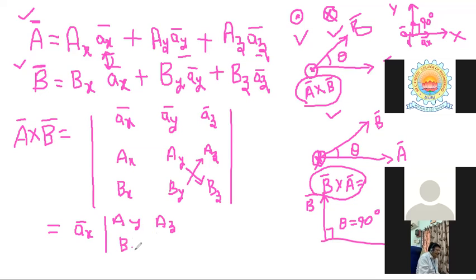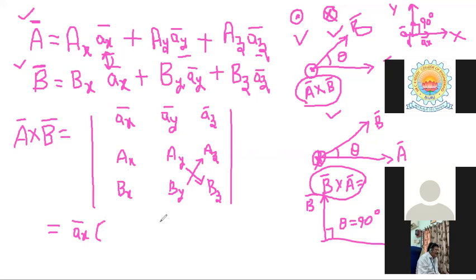Instead of this, I am writing directly the resultant. Ax bar you can pre-multiply or post-multiply. If it is a constant, you can take 3Ax bar or Ax bar into 3, anything is correct.